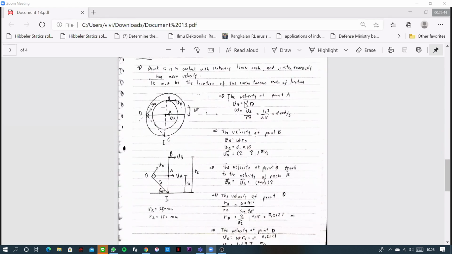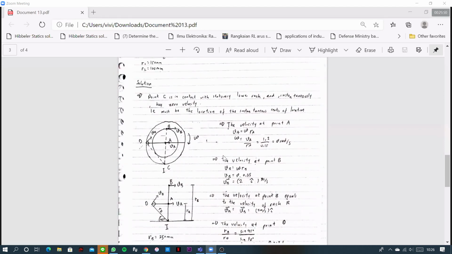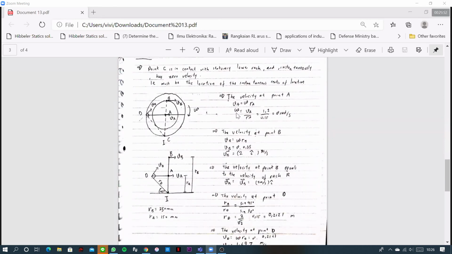And then from this we can start to calculate the omega at point A. So the omega at point A is velocity of point A divided by RA, and then we get 8 radian per second.